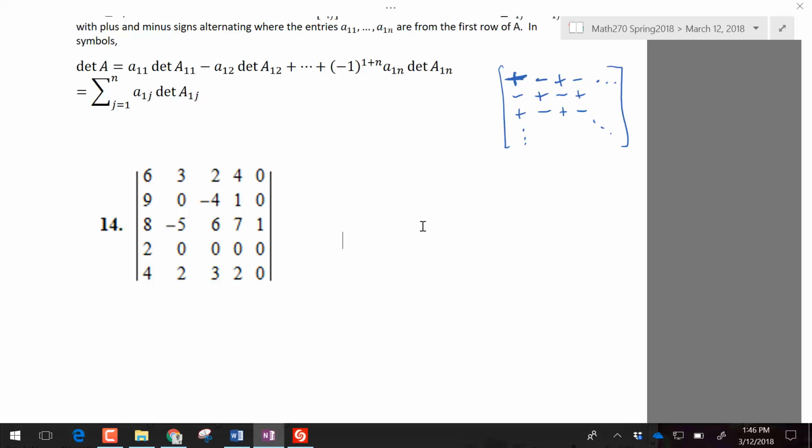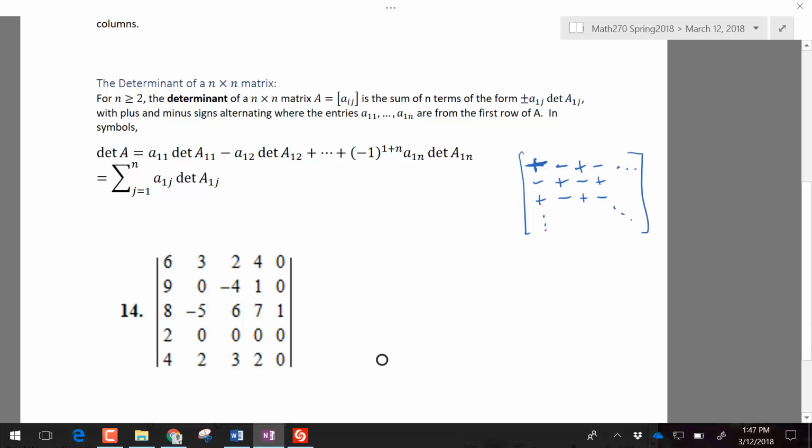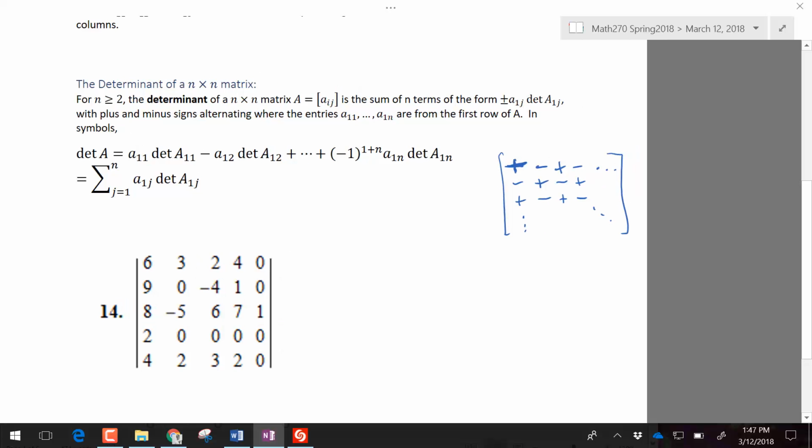So let's find the determinant of this 5 by 5 matrix. So this theorem or this process over here expands on the first column, but I'll just make a note here. You can expand on any column or row.